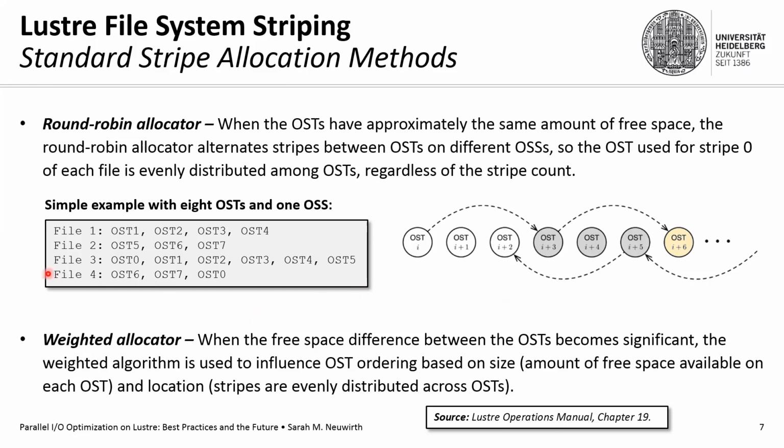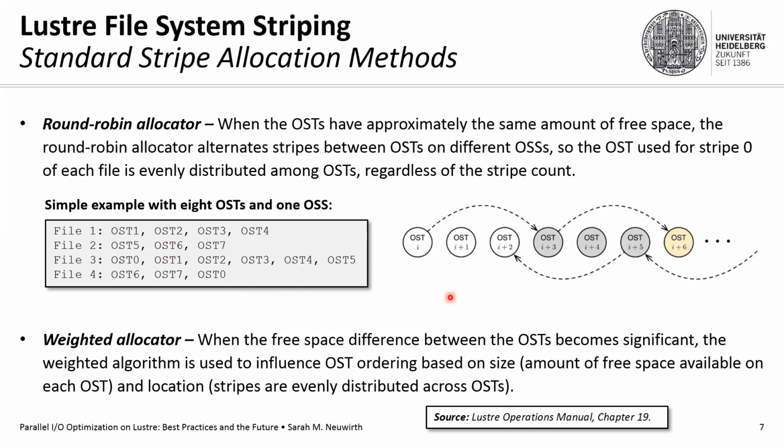The example that is being displayed here on the left provides a simple example with 8 storage targets and 1 storage server. And as you can see, we have 4 files, and each file has an individual stripe count, and the stripes are being placed in a round-robin fashion on the available storage targets, one after another.